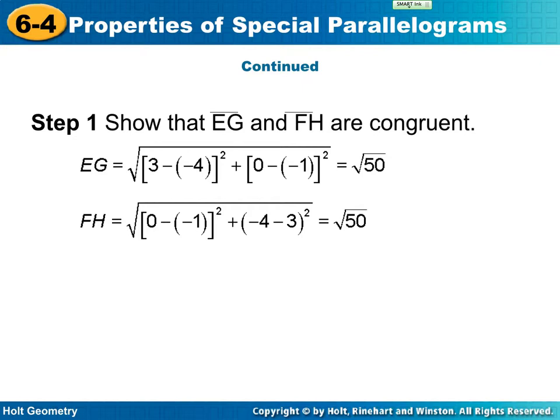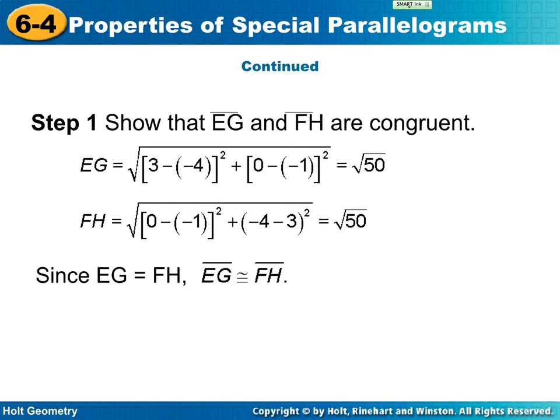Yes, so you need to not just stop there, you need to give me a little sentence. Since they have the same length, segment EG and FH are congruent. So this part showed one part of the problem. The diagonals are congruent in a square. Again, you don't have to have every little calculation there, but what formula and how it comes out typically.